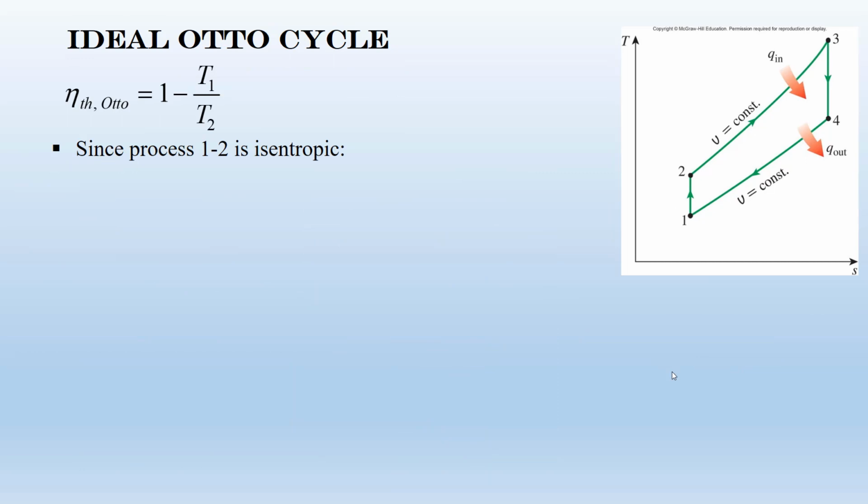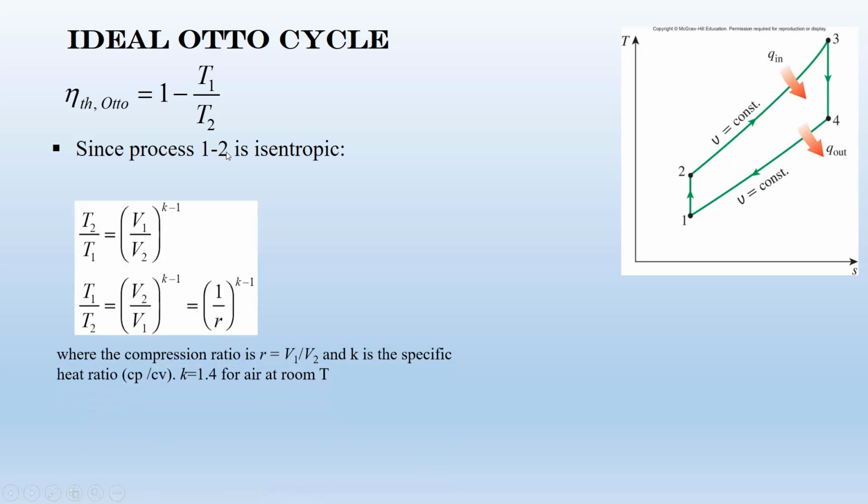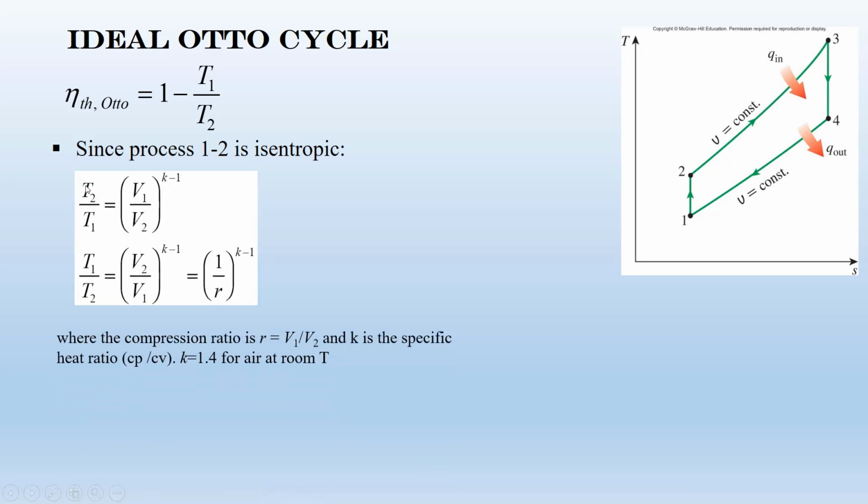So we can actually simplify this equation. We know that the process 1 to 2 is an isentropic process. So for the isentropic process with constant specific heats, we can write T2 over T1 equals (V1 over V2) to the power k minus 1. So what is V1, guys?